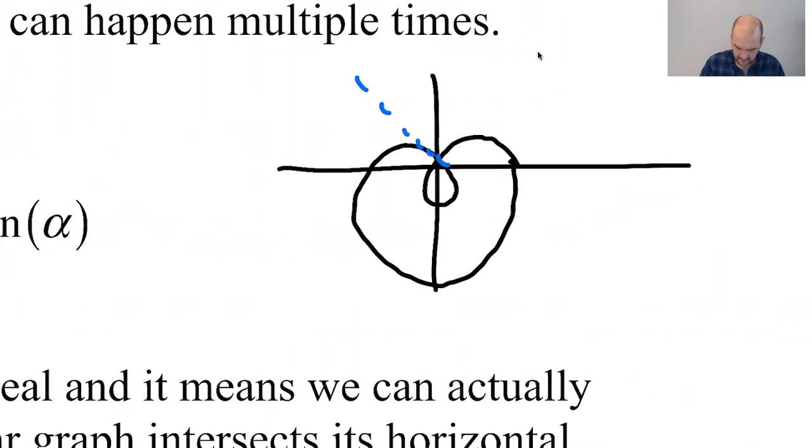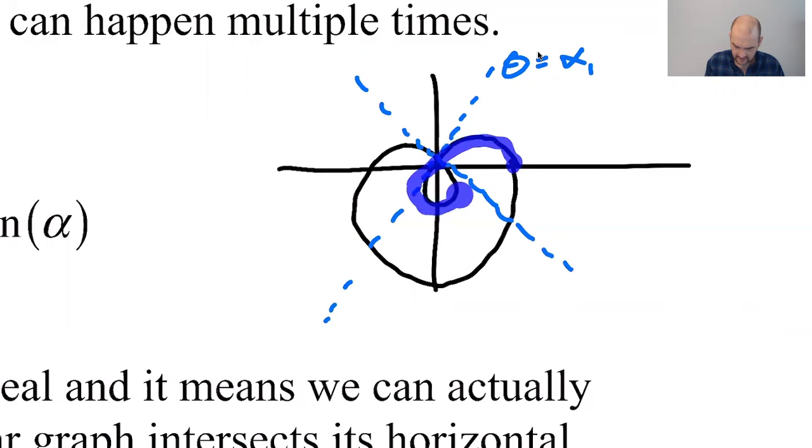Right, so this would be theta equals alpha 1. And then if you're following this in order, it'd be alpha 1, alpha 2.